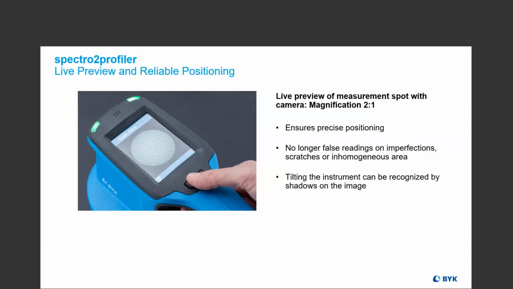So if you have a surface you're trying to measure that maybe has some scratching or marring that you want to avoid, or maybe you're measuring a small sample and you want to make sure that sample is perfectly centered under the aperture opening, this preview camera can allow you to see exactly what you're measuring so that you can perfectly position your instrument to your profiler for measurement.